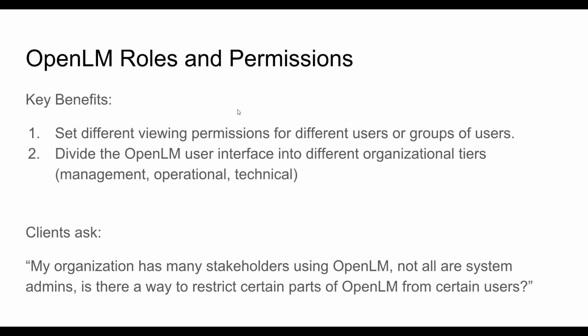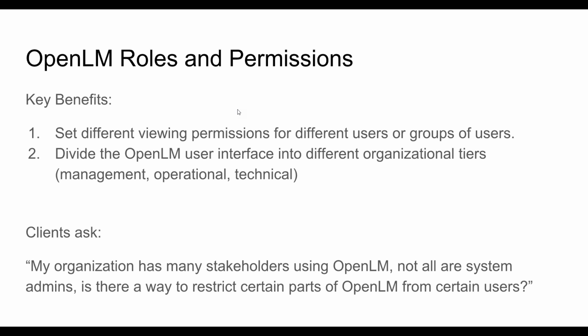The Openlm Roles and Permission extension allows you to assign different Openlm capability resources to different groups of users. For example, you can set a group for USA to allow it to see only the license server based in USA.